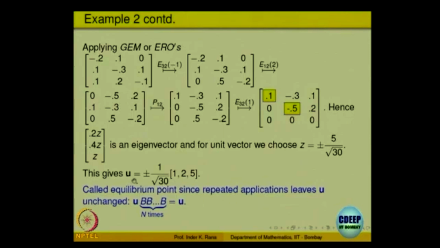You can choose, and if you want a unit vector, this is an eigenvector, right? 0.2, 0.4, 0.1. Okay. If you don't want decimals, you can multiply everything by 5. That also is an eigenvector. So you can take 1, 2, 5. You can normalize that if you want. So you can have a normalized eigenvector, which is non-zero anyway.